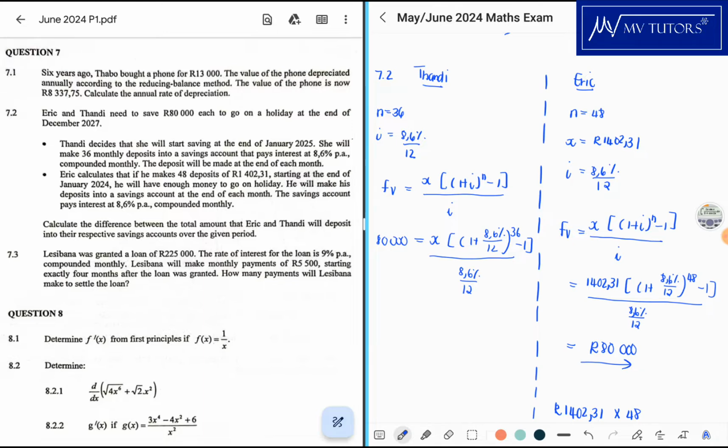We're going to have to rewrite this formula in terms of x. So we're going to have 80,000 multiplied by the interest rate, and we are going to divide by that term, to the power 36 minus 1. All right, so let us go and work out what the monthly payments are for Tandy.